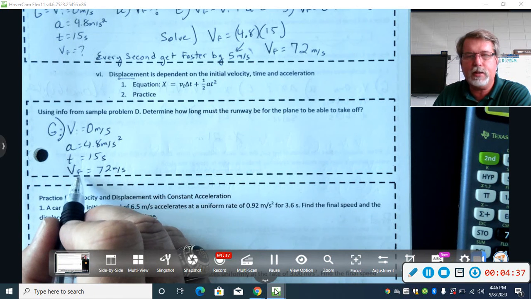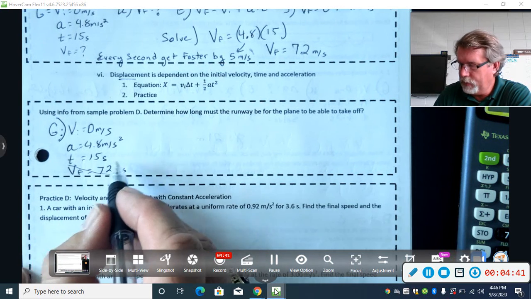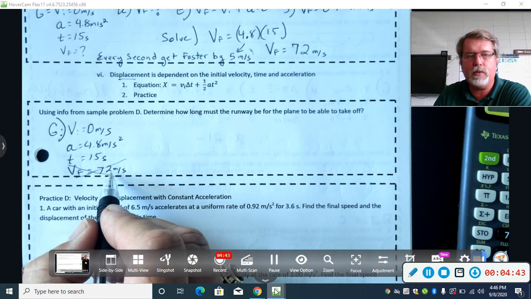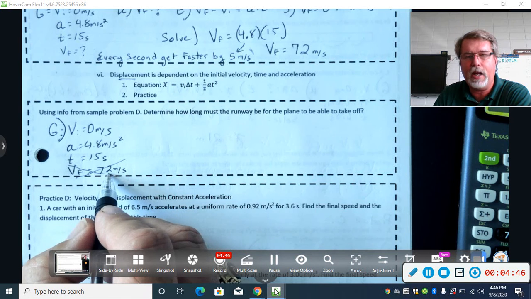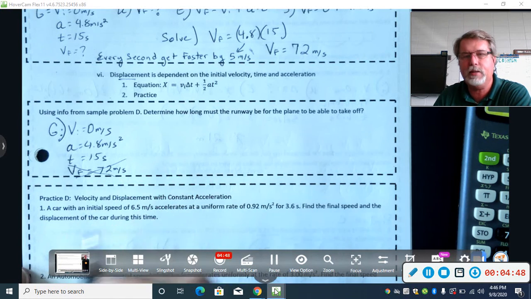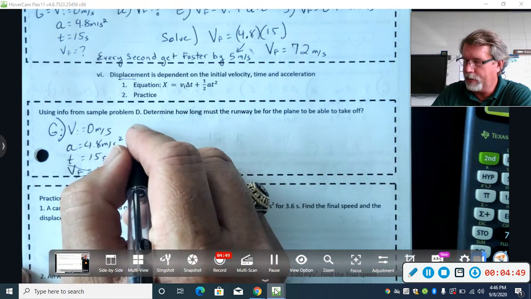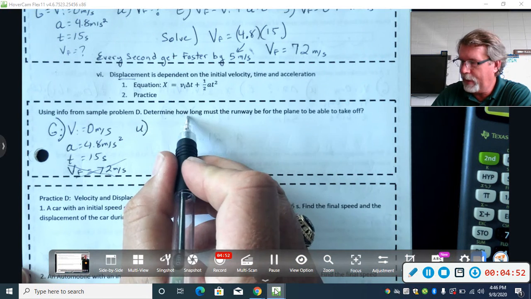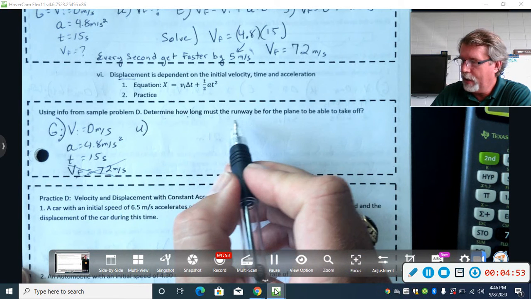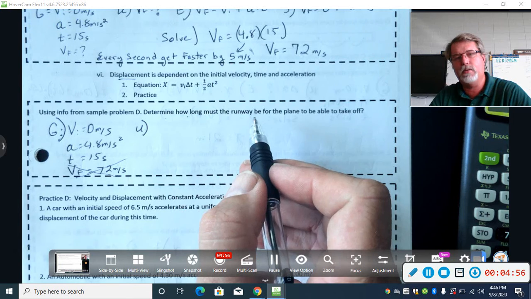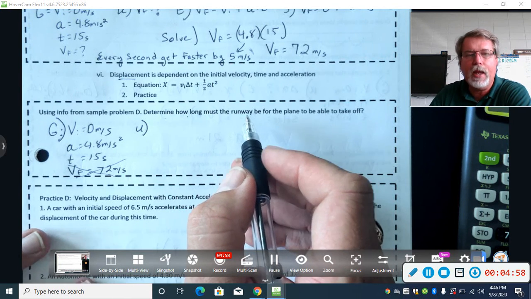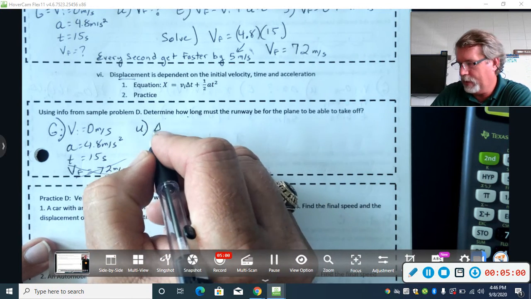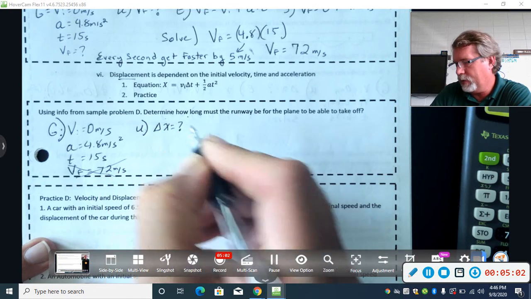But I want you to take into consideration that we calculated the 72. So I don't want to use that unless there's no other way, because I might be taking an error from one calculation and placing it into another. So what is our unknown? Determine how long the runway must be. So we're looking for how long the runway must be, and so the change in distance is our unknown.